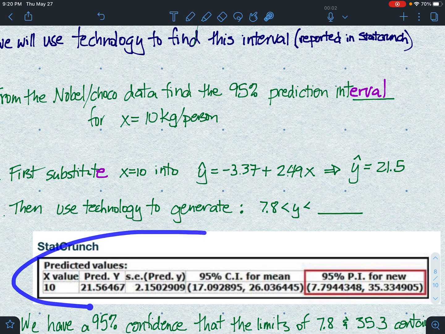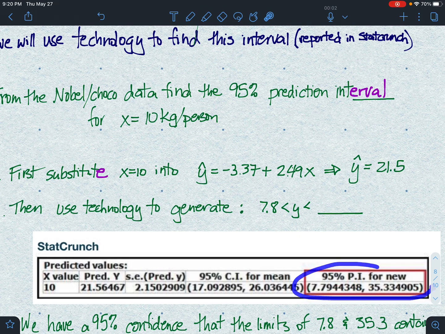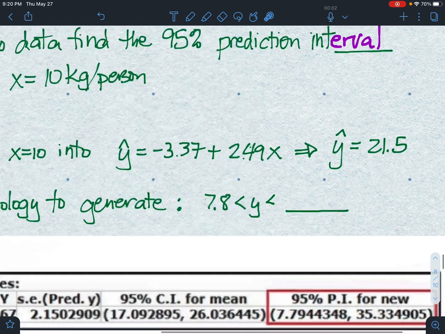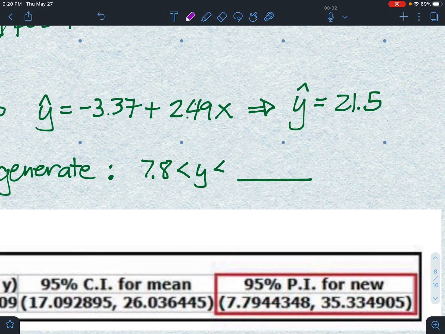And so we want to know, within a 95% accuracy, what could y be? When you do your StatCrunch, under linear regression, you do summary values, and you've got to make sure you plug in 10 and your 95%, and then that generates right here at the end your prediction interval.